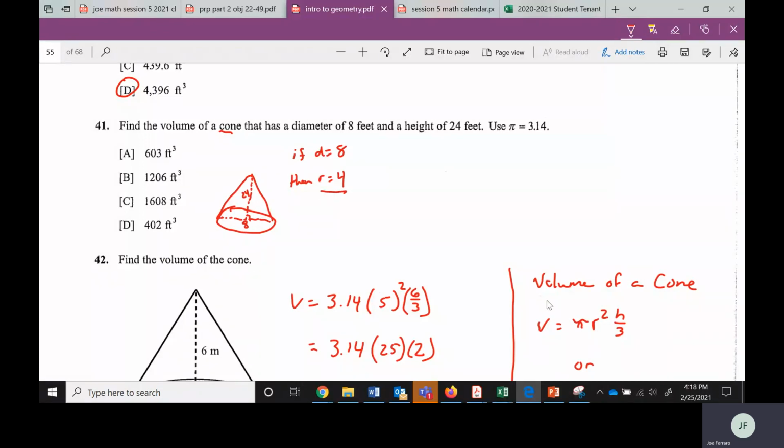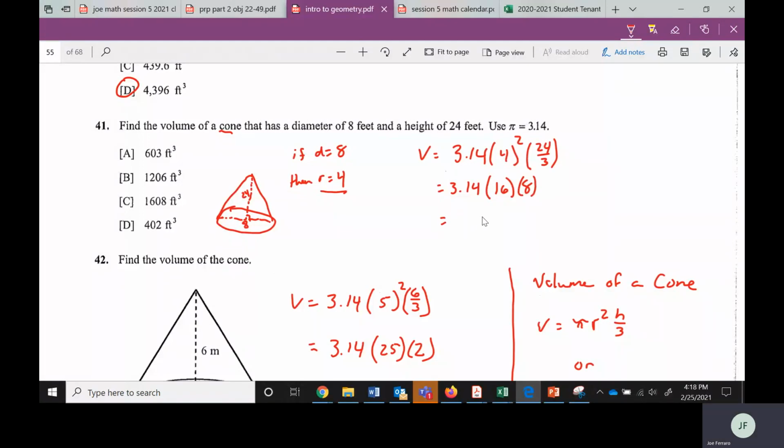So now we use this formula here. So we're going to have 3.14 times r squared. We said r is 4. And then height divided by 3. So we're going to get 3.14. 4 squared is 16. 24 divided by 3 is 8.